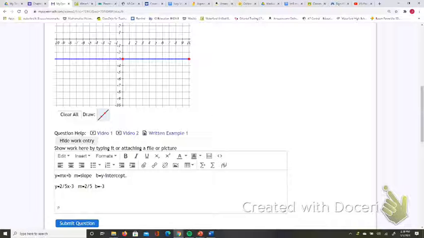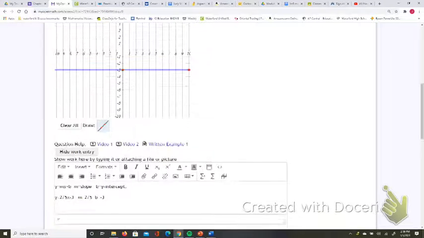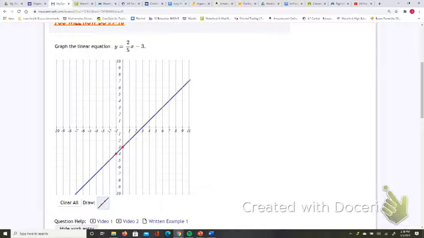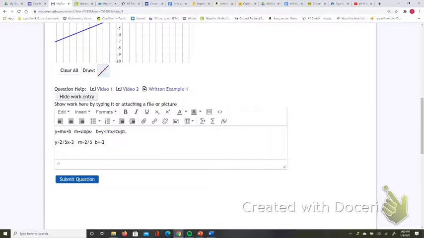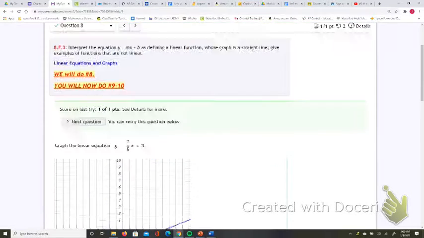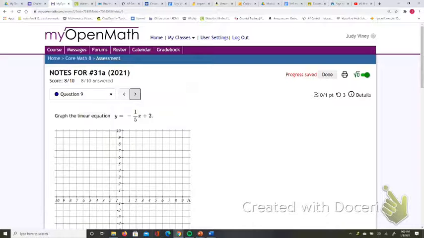Then our slope is 2/5. So we're going to start at our dot and we're going to go up 2, right 1, 2, 3, 4, 5. And that is our line. So first we plot the y-intercept, then we do the slope. And we submit and go on.